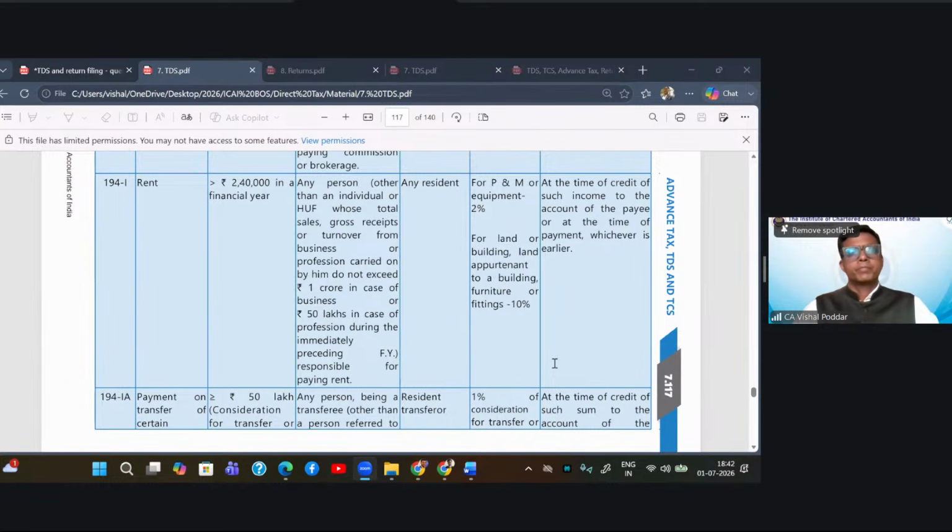You are saying in updated study mat. As per me, the study mat which I am using is also updated. But still, if we have a doubt, let me go to the BOS portal. Let me download the very latest one.